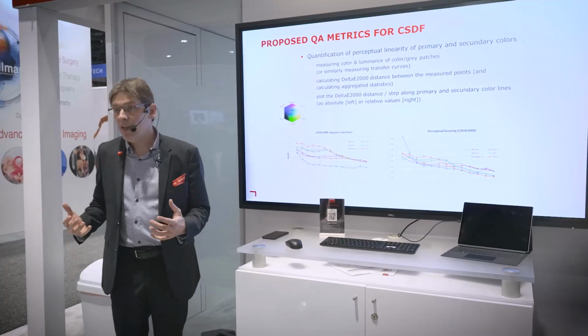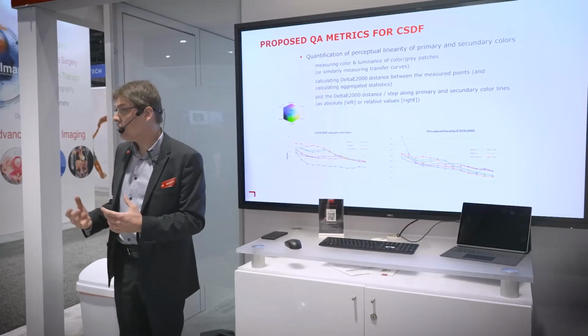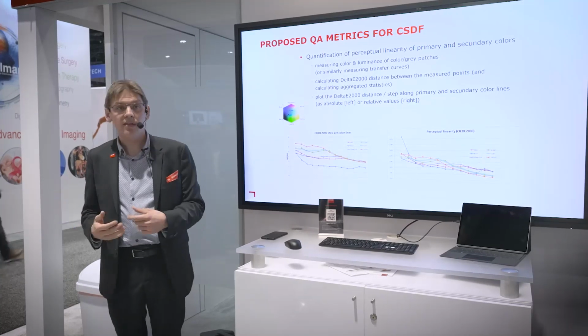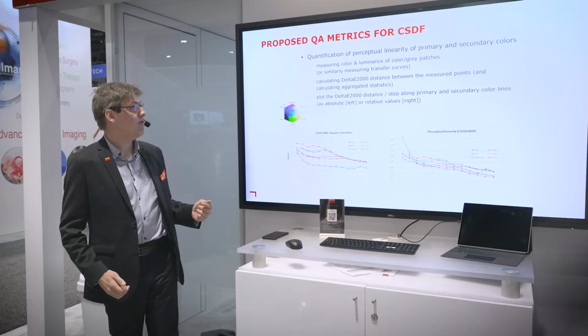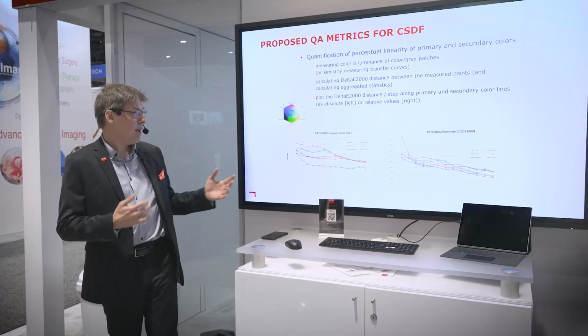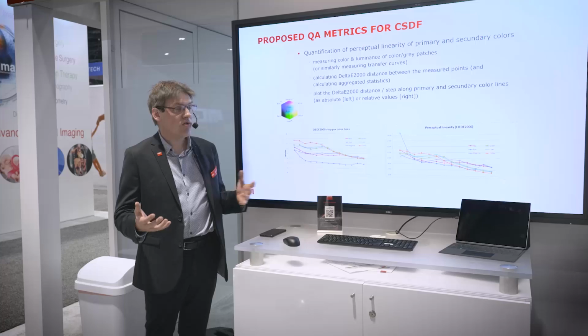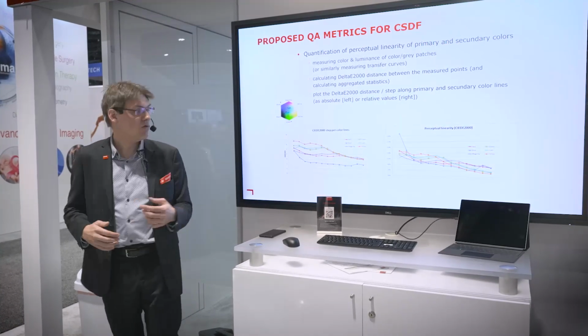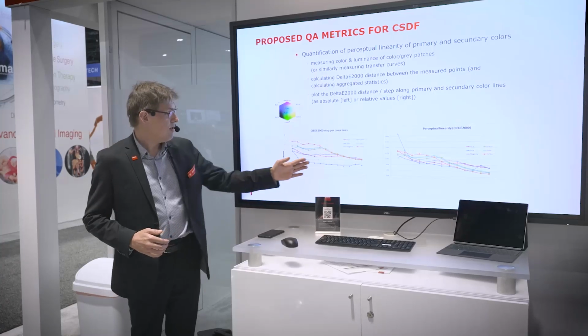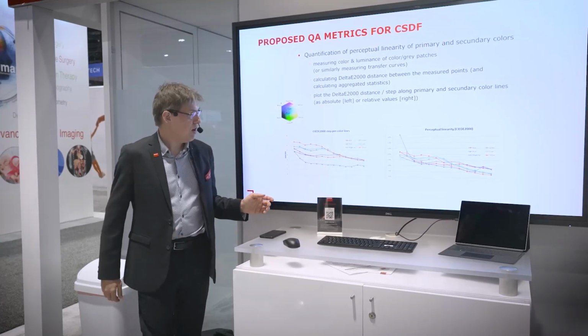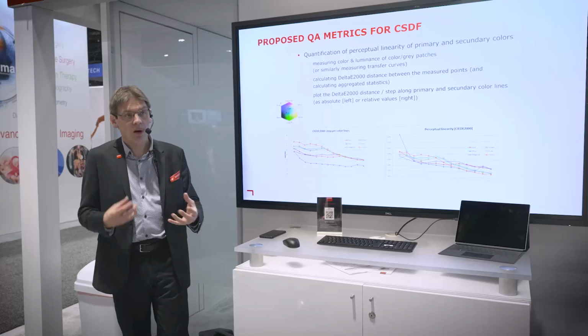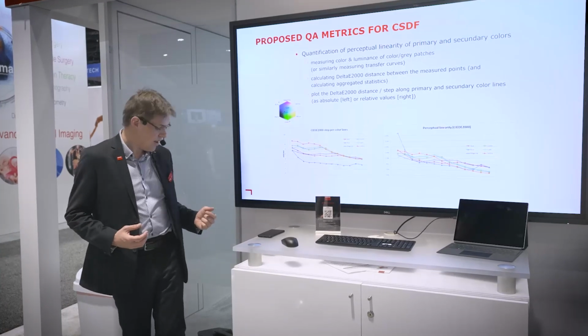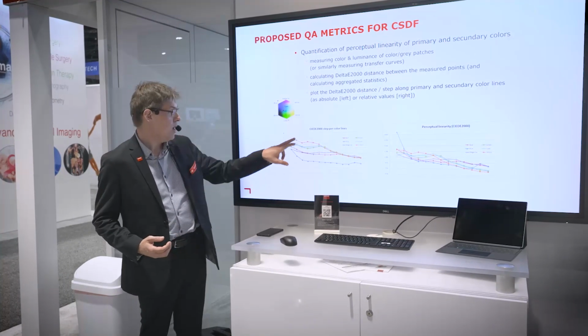Okay, so we can calibrate, but can you also quantify? Can you actually show how well something is calibrated to CSDF? Well, yes, and again, here we looked at how it's being done in grayscale calibration, and we extended that to color. So what you can see here is two types of graphs which are very useful to quantify how well perceptually linearized a color display is.